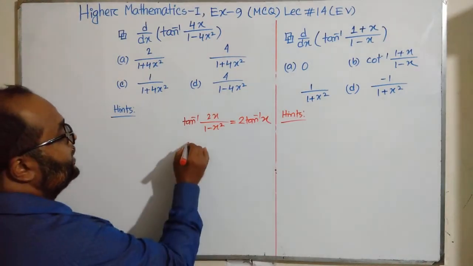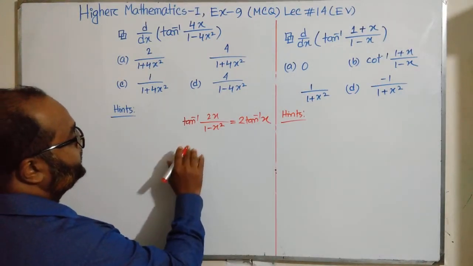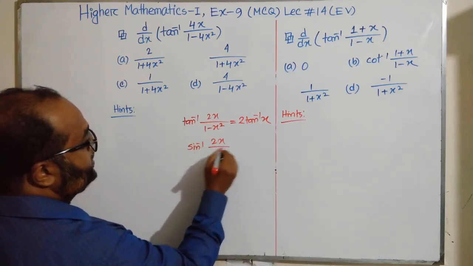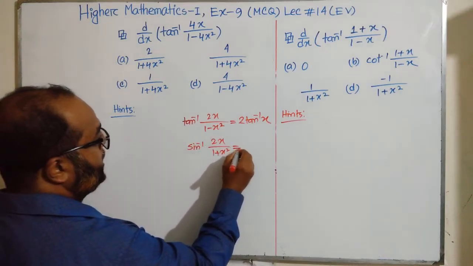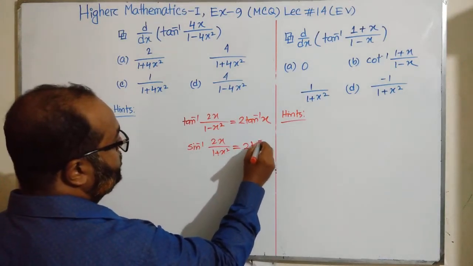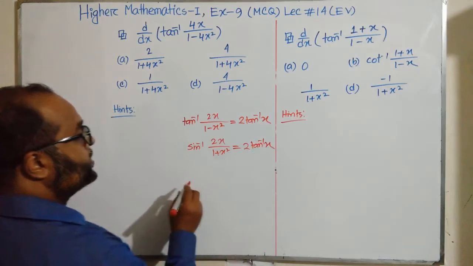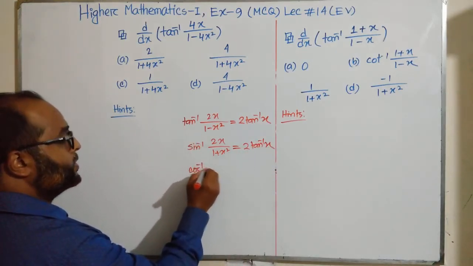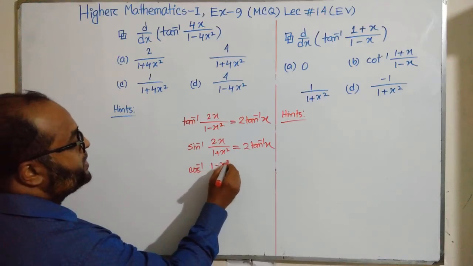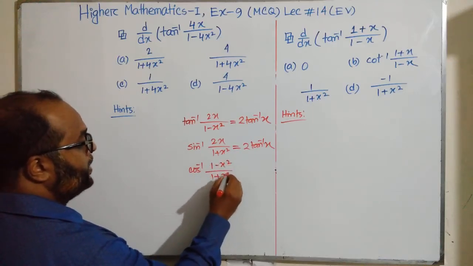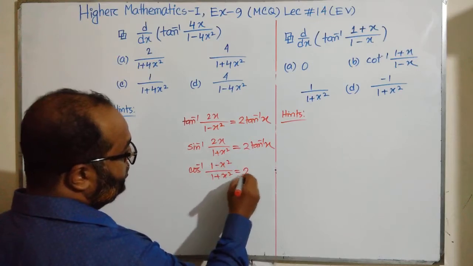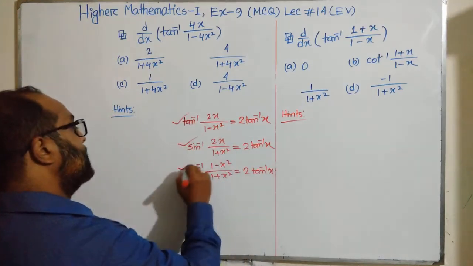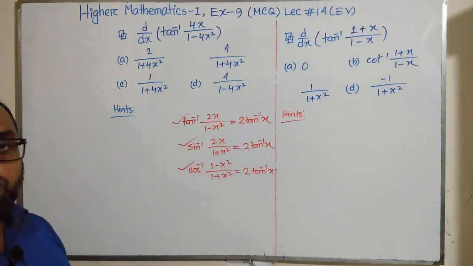These are sin inverse of 2x divided by (1 plus x square), this also equals 2 tan inverse x. Also cos inverse of (1 minus x square) divided by (1 plus x square), this also equals 2 tan inverse x. These three are most useful formulas.